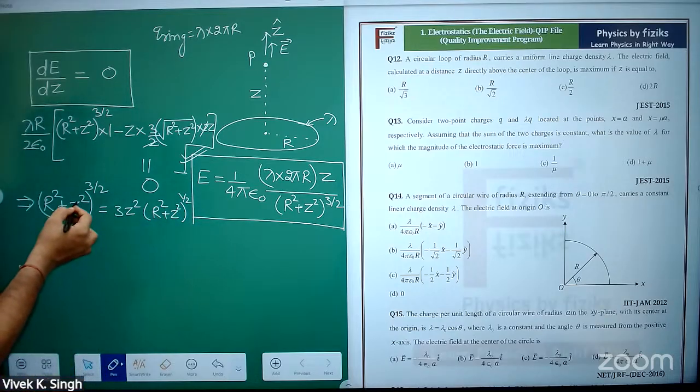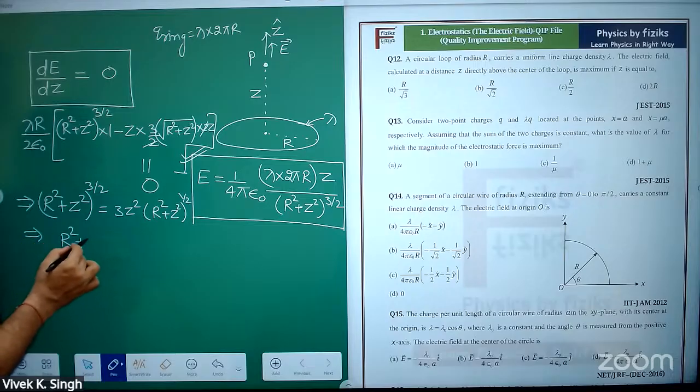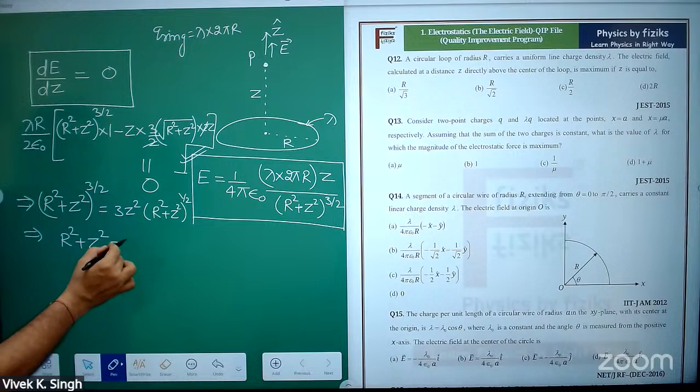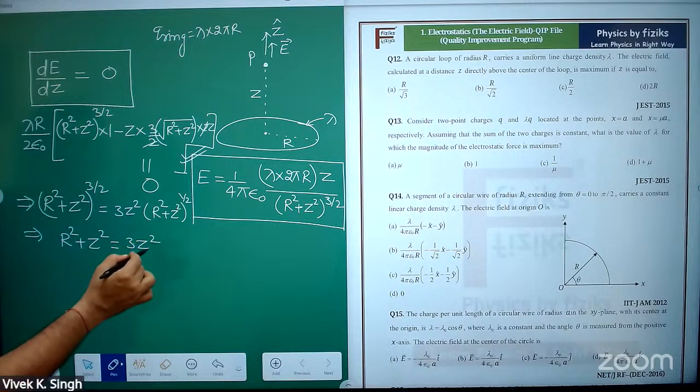If you divide it by the power 1 by 2 term, what you will get is r square plus z square equals 3z square.